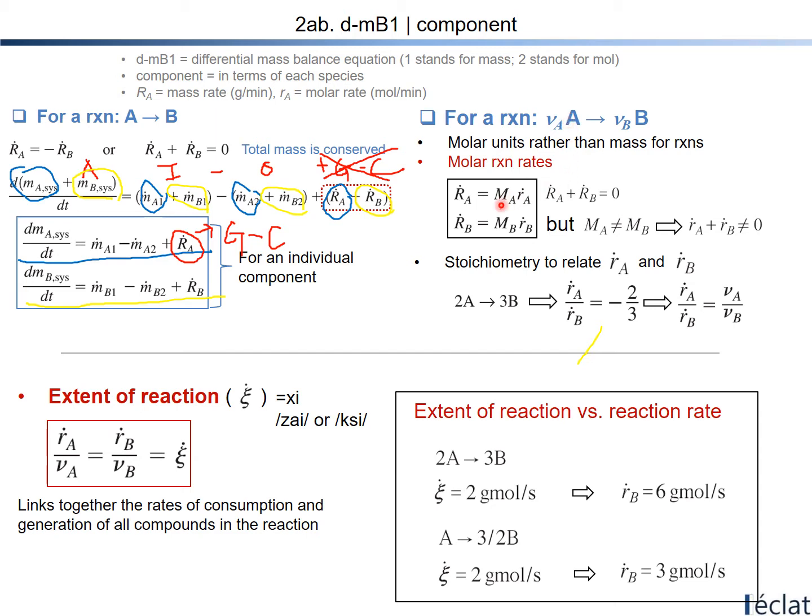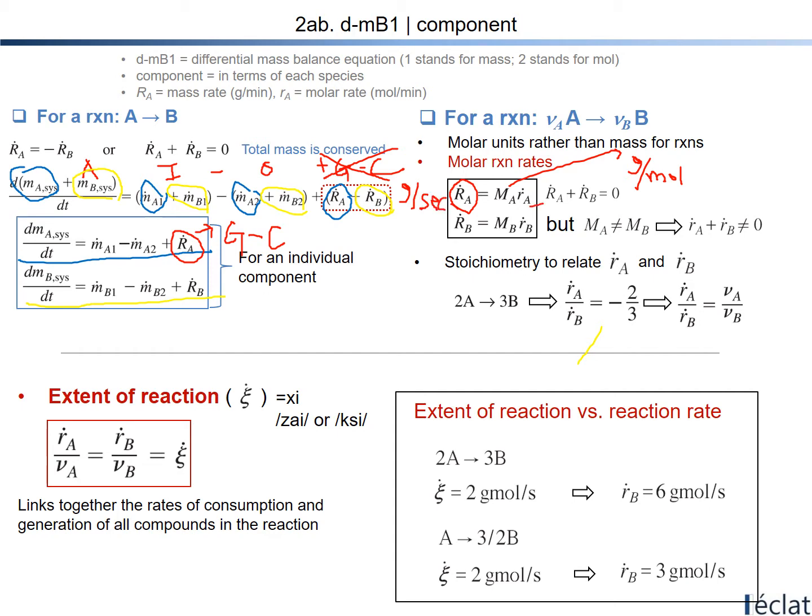So I'd like to convert the mass reaction rate into the molar reaction rate. The small r dot means molar reaction rate. Let me think about the unit of molecular weight. What is that? Unit of molecular weight is gram per mole, right? So the unit of the mass reaction rate is gram per, for example, second.